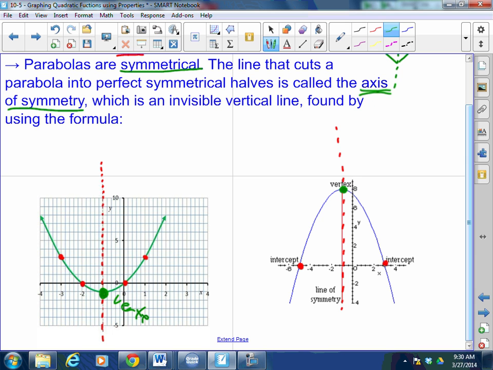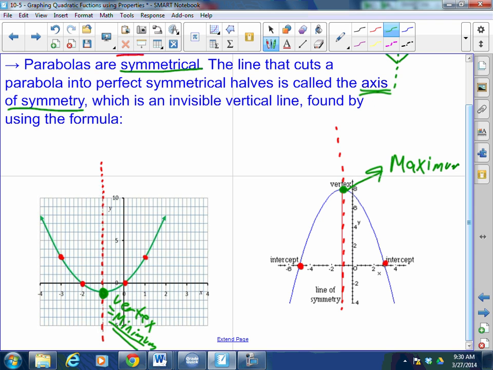Yes, sir? It's just the minimum or the highest point, that point on the x, is that just the line of symmetry? Like I have no idea what you said. I'm sorry. The highest point of a parabola. The highest point, like I just said, is the vertex if it's pointing downwards, and that's my maximum.